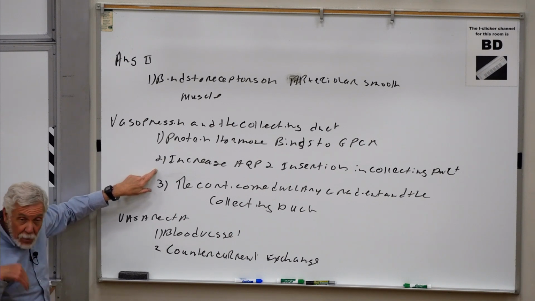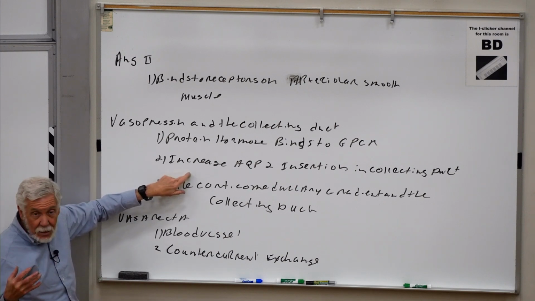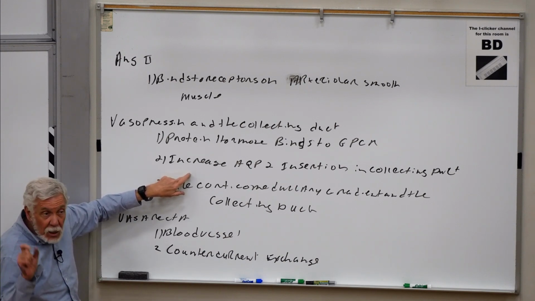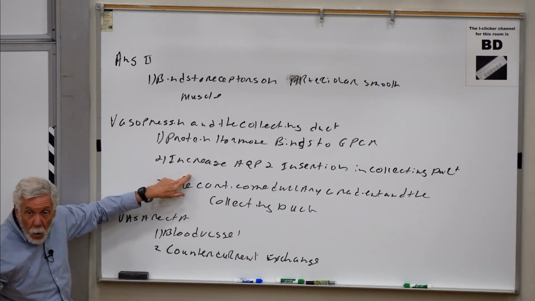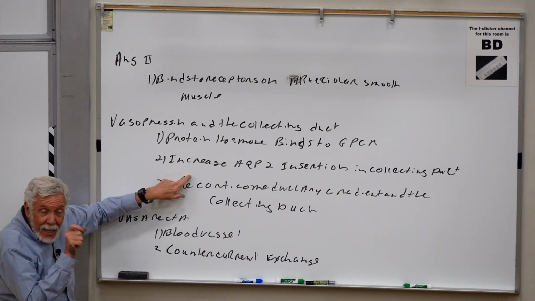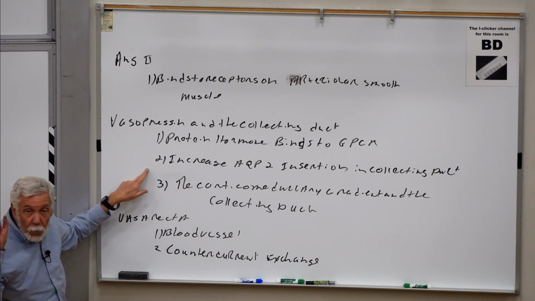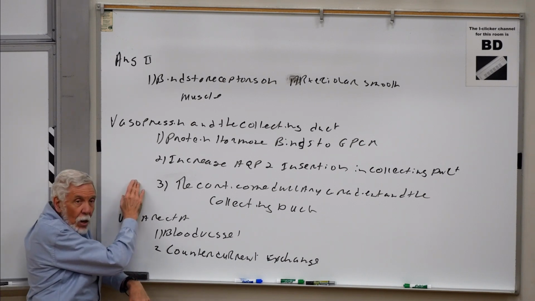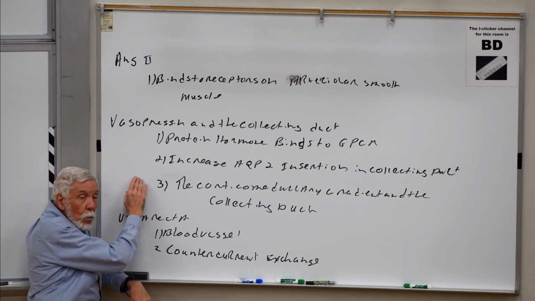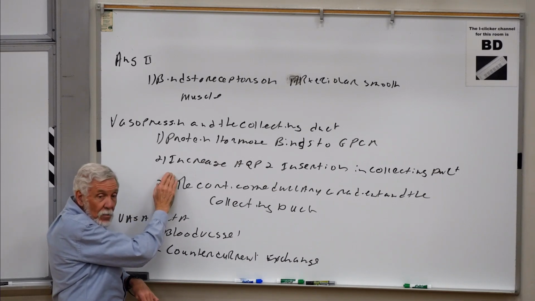Now you remember every time we've drawn the collecting duct, we've always emphasized that it's a continuous tube that extends from the cortex all the way across the medulla and into the renal calyx. All along that stretch from the cortex into the medulla, the epithelial cells are continuously exposed to an ever higher osmotic concentration in the interstitial space.